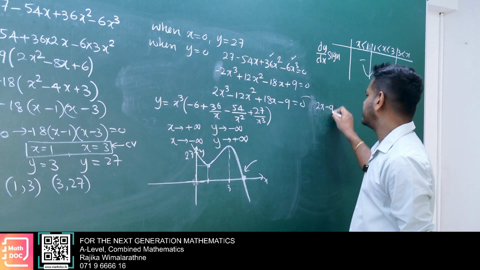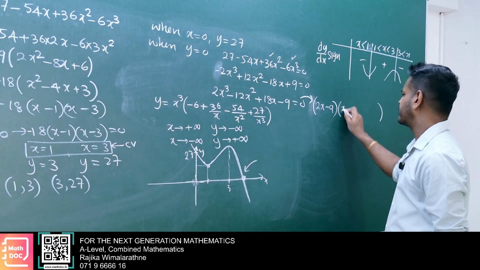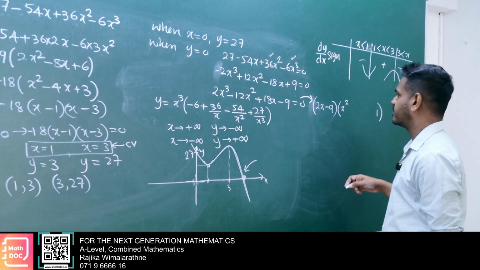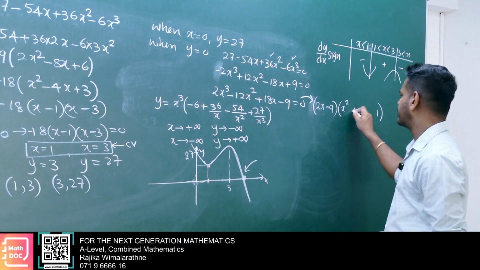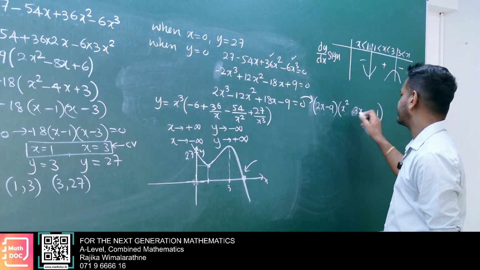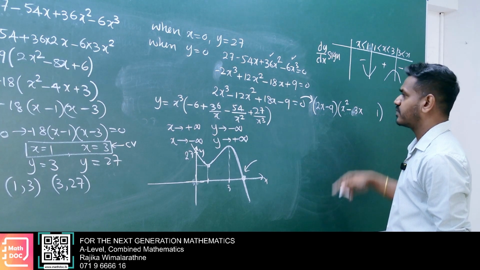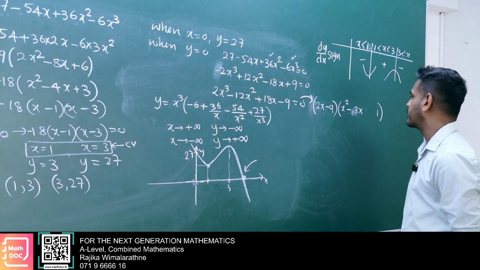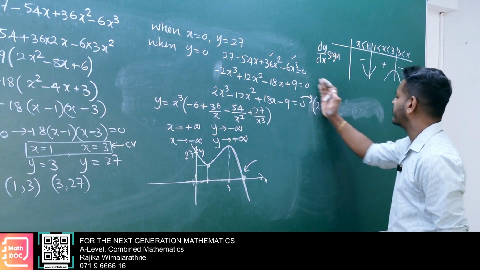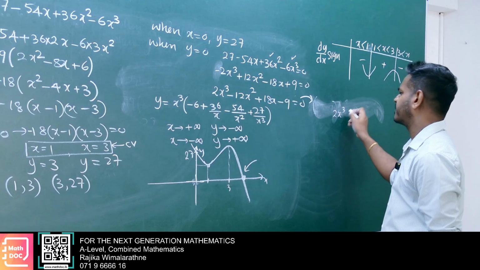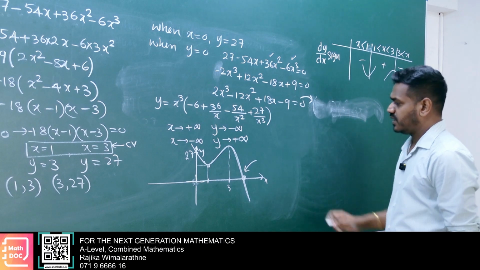Here 2x minus 9, this can be the factor. Nine over 2, 3 over 2.